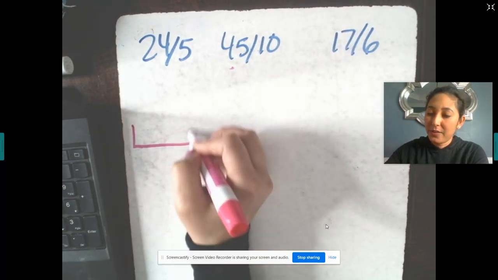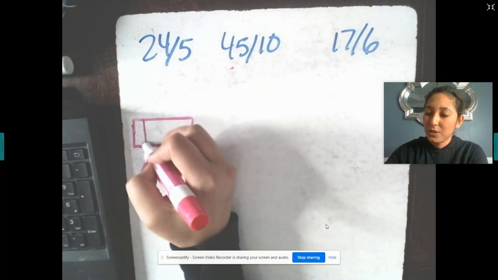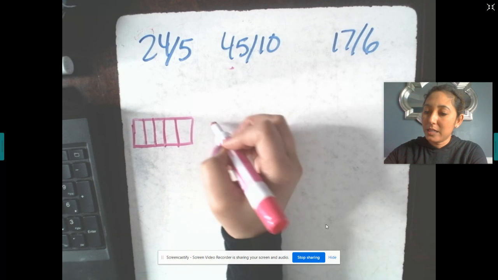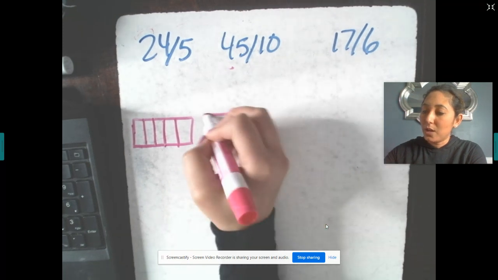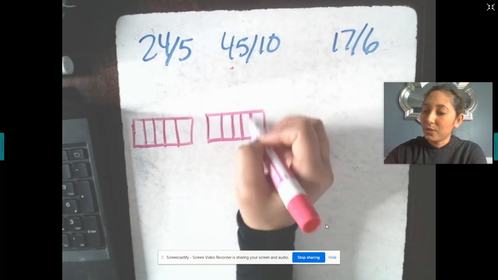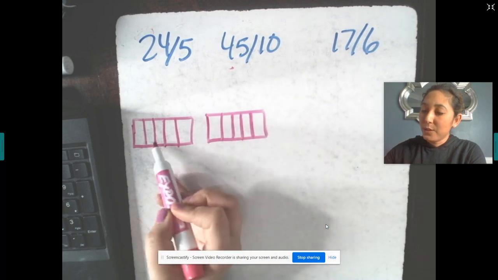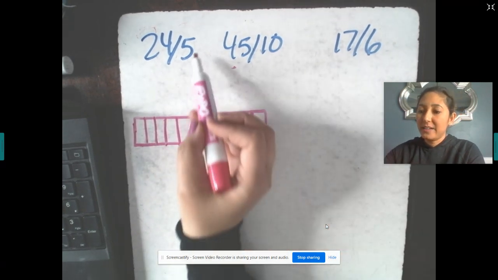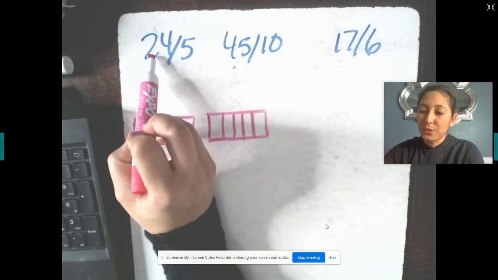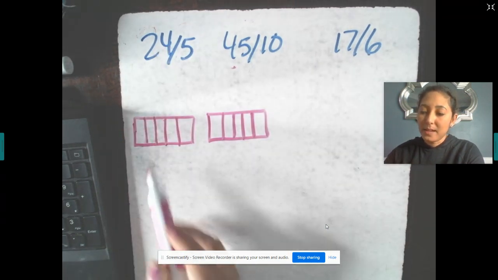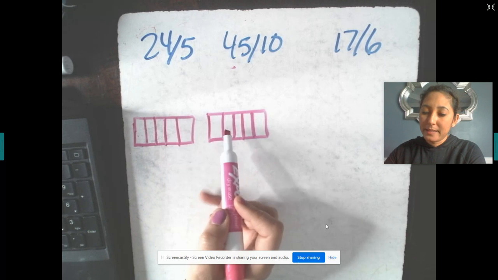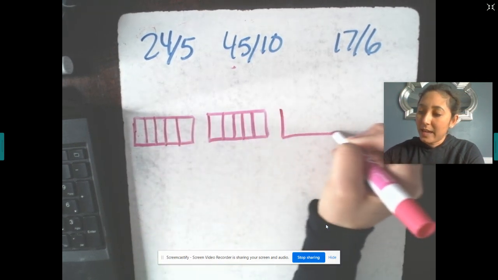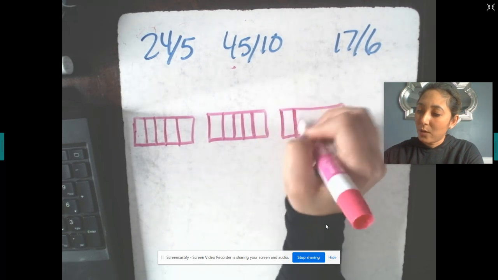So if we have fifths, let's just use the Hershey bars, rectangles, because they're much easier to draw than the circles, dividing circles. So here we have fifths. Every one of our rectangles is going to be divided in fifths, and we need to shade 24 pieces. So if I know I have 5 pieces in every one, 5, 10, I need to keep going until I have enough to shade 24.